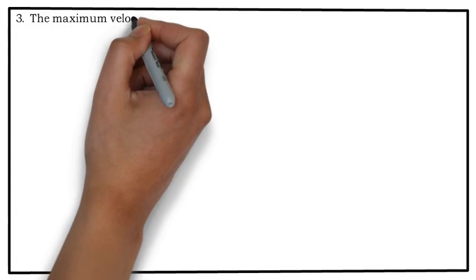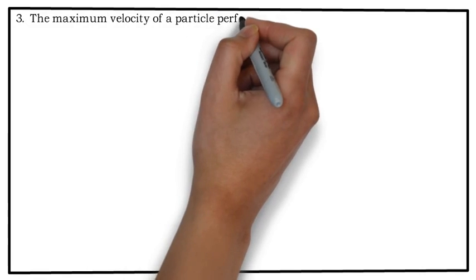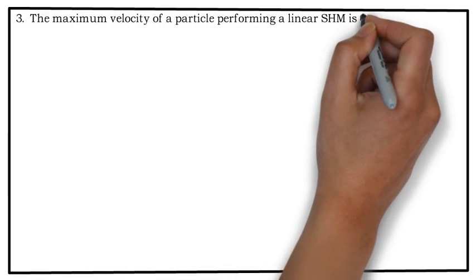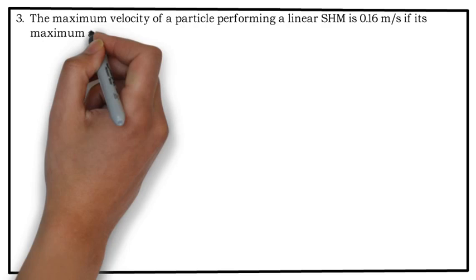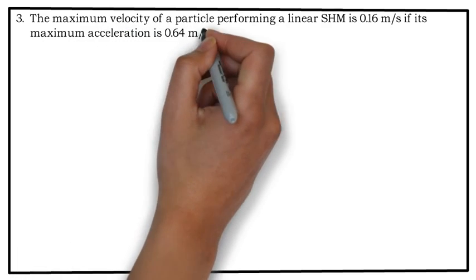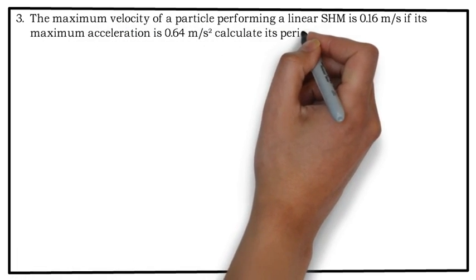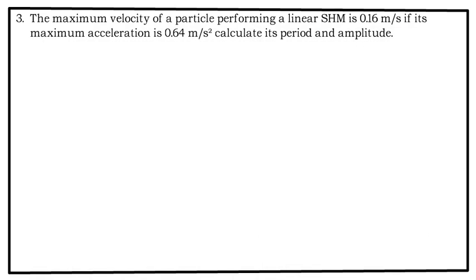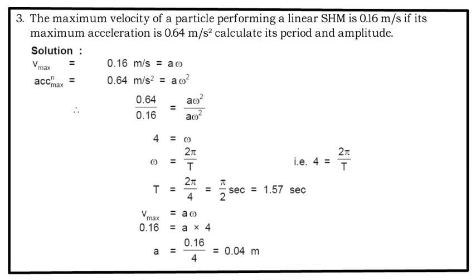Problem number 3. The maximum velocity of a particle performing a linear SHM is 0.16 meter per second. If its maximum acceleration is 0.64 meter per second square, calculate its period and amplitude. Vmax is equal to 0.16 meter per second, which is a omega, and maximum acceleration is equal to 0.64 meter per second square, that is a into omega square.